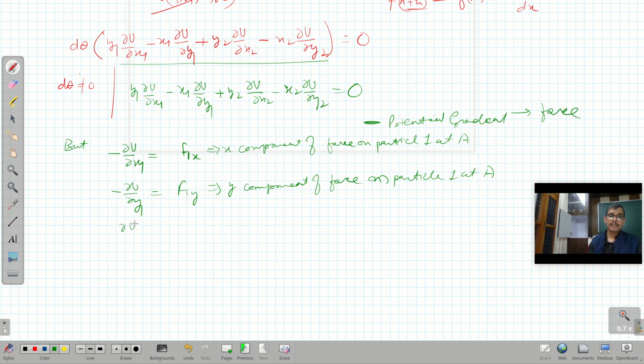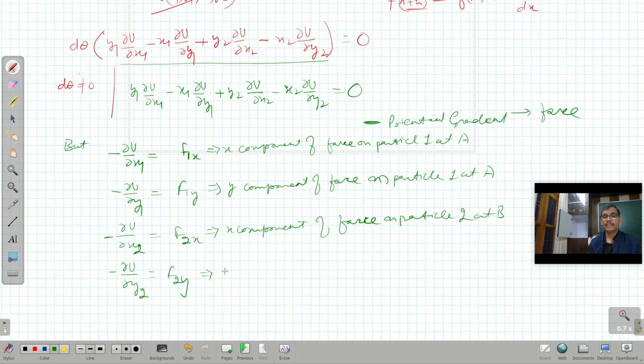Similarly curly u over curly x2 is basically f2x, it is the x component of force on particle 2 at position B, and similarly curly u over curly y2 is equal to f2y, it is y component of force on particle 2 at B, right? This is it.